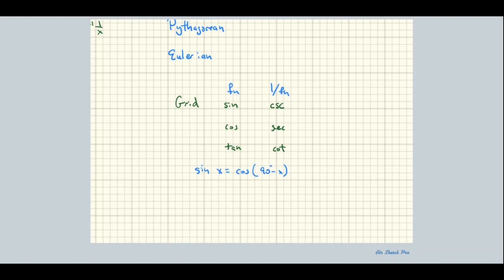And because they're cofunctions, co stands for complementary angles. Because the thing to remember is that cofunction means complementary function, or the function of the complementary angle.